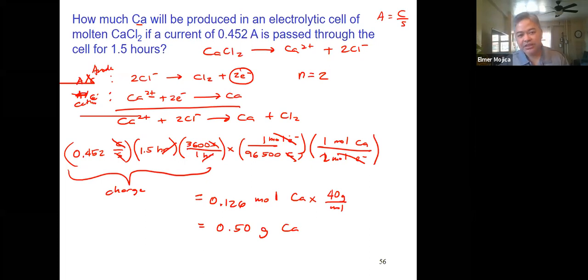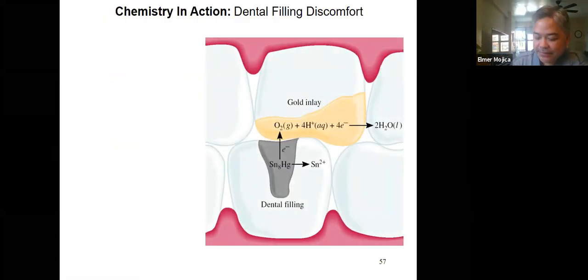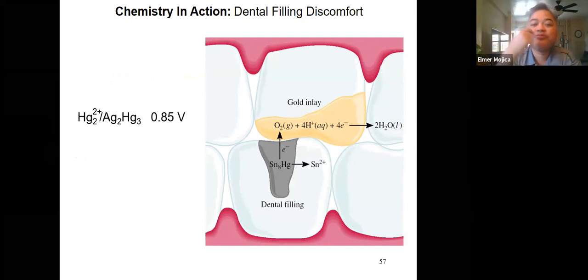So where do we utilize this electrolysis? I'm not sure if you have this experience, but I think this is one of the worst things that I experienced. Dental filling. So they have to put it there.